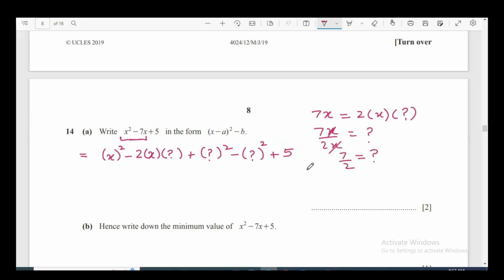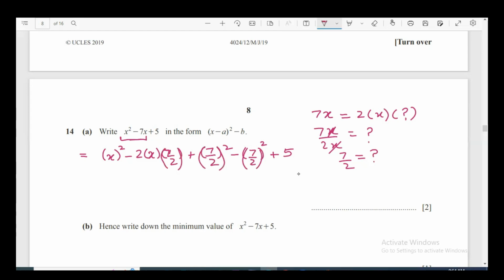Write down the value of the question mark here. So remove the question mark first, remove this question mark and this question mark, and by inserting 7 over 2, 7 over 2, and 7 over 2 whole square, and 7 over 2 here.